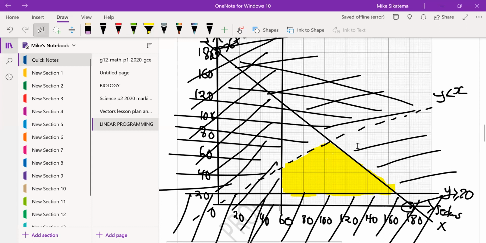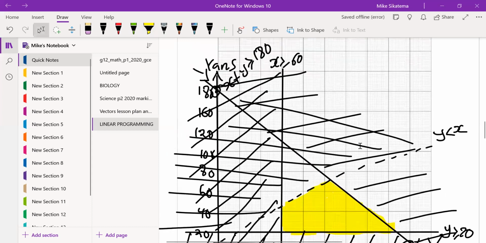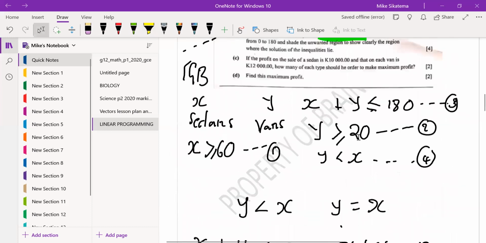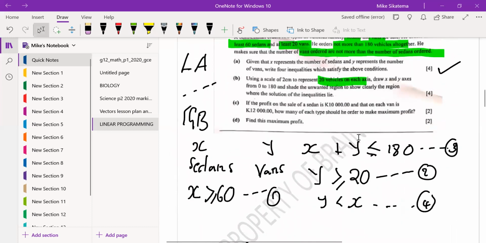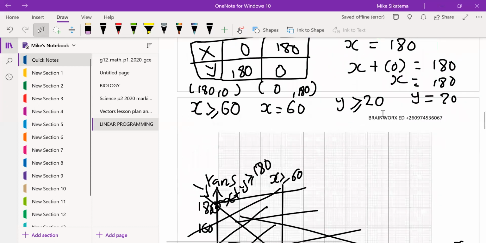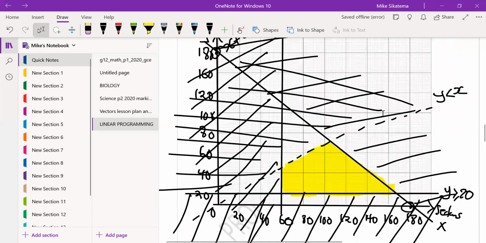So now let's continue. The question continues, says, if the profit on a sedan is 10,000 kwacha and that of a van is 12,000 kwacha, how many of each type should he order to make a maximum profit? So the answer should be within this solution set.